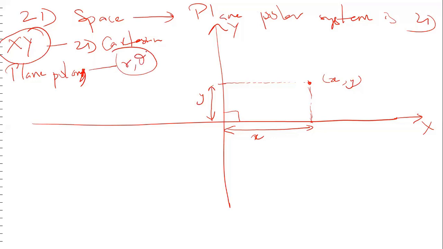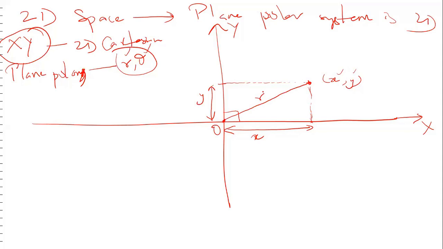Just like we identify the location of the point using the x and y coordinate values, we can identify it using the r coordinate and the theta coordinate value. What is the r coordinate? The r coordinate is simply the distance of the point from your origin. So this length or distance is your r coordinate value.